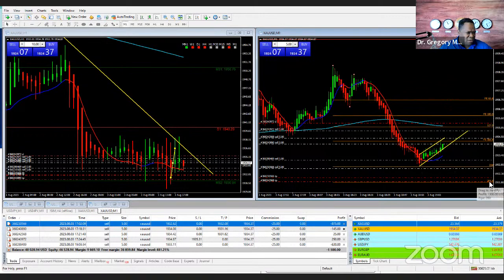And then there's a 2.618, which is a common final resting place for trends before they possibly reverse. We're looking for a price.